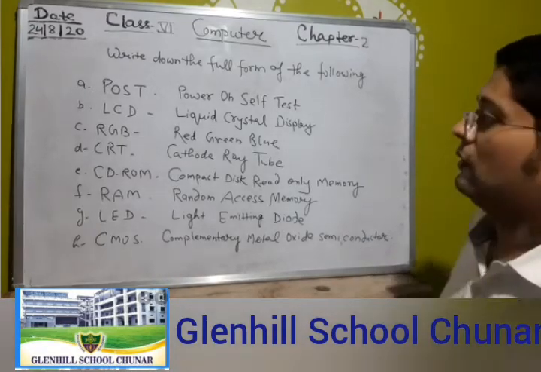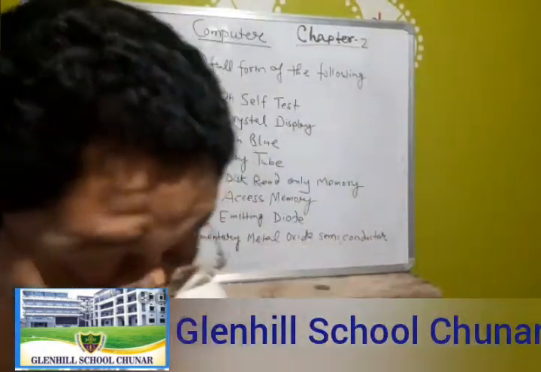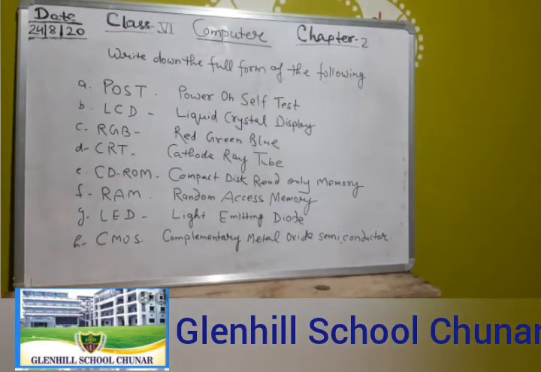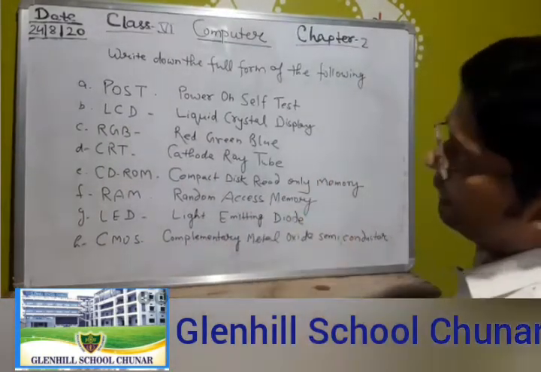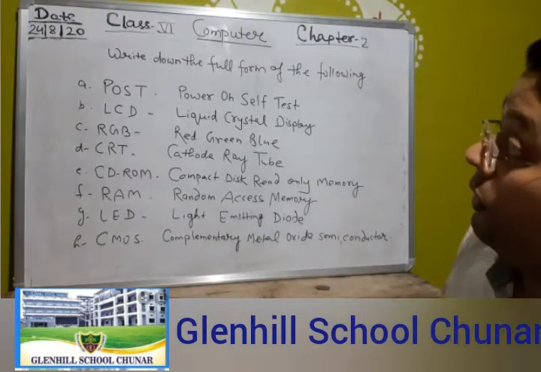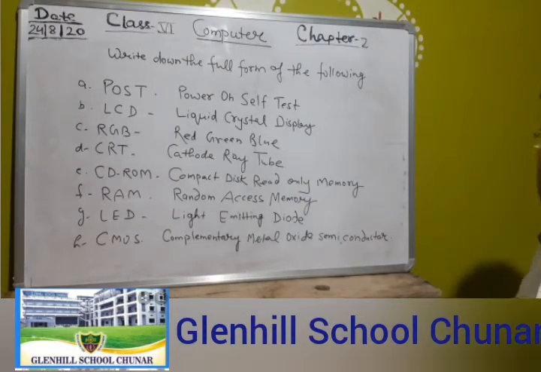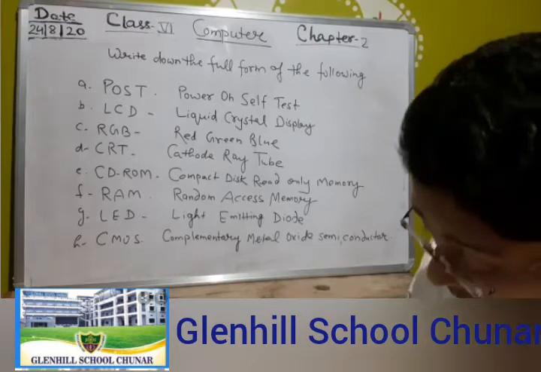Okay, student? Yeah, so that's your complete full form of the following. Okay student, so please read and learn the full forms. Okay, yes, it's very important for the exam.